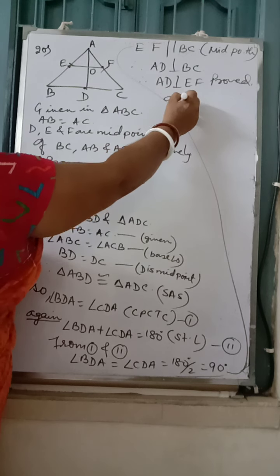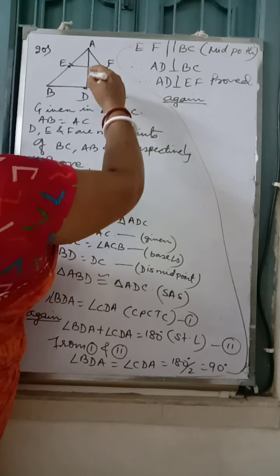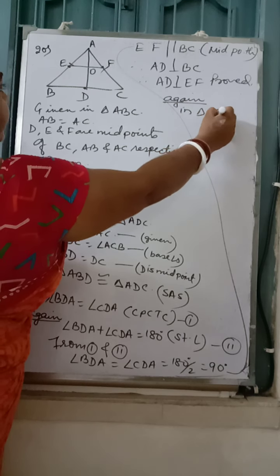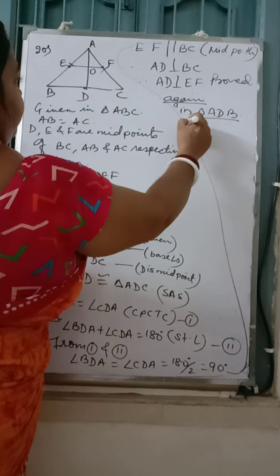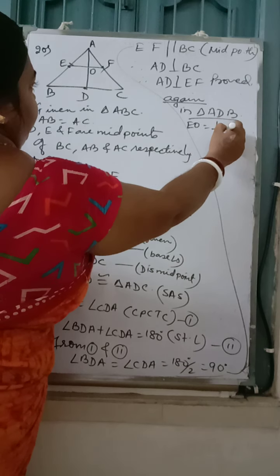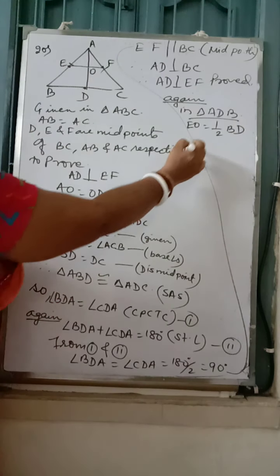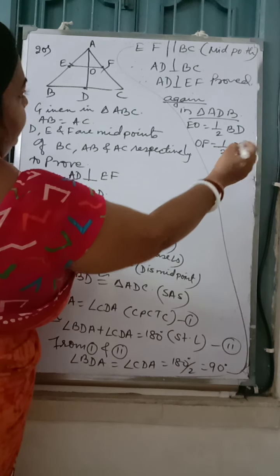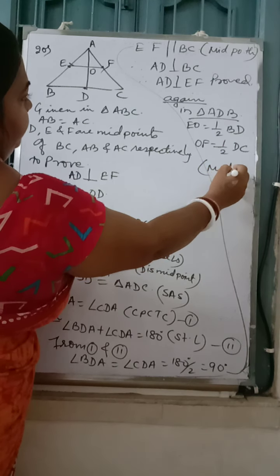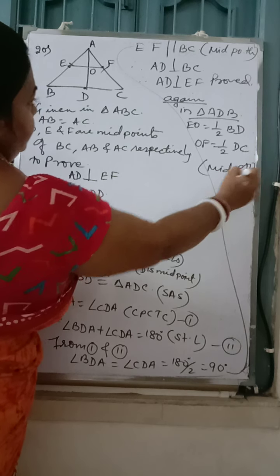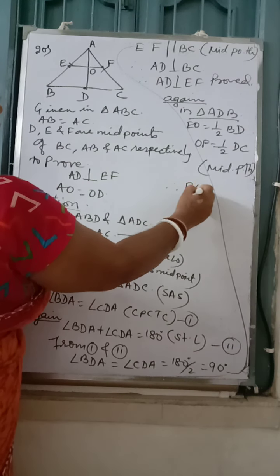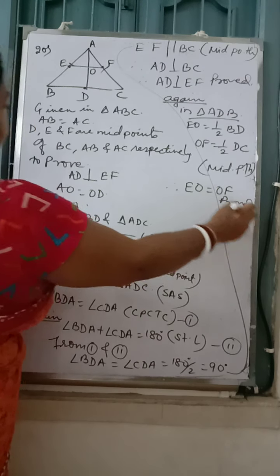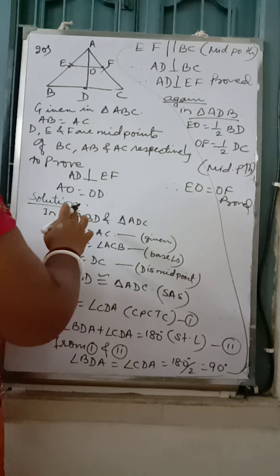Again, in triangle ADB, EO is equal to half of BD and OF is equal to half of DC according to the midpoint theorem. So EO is equal to OF, proved. We have to prove, no?